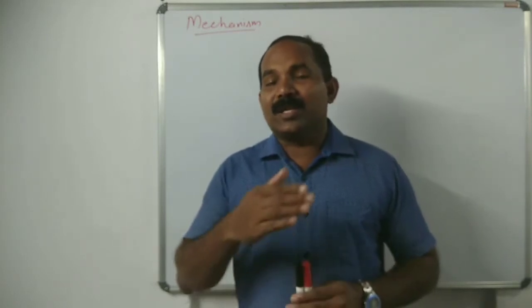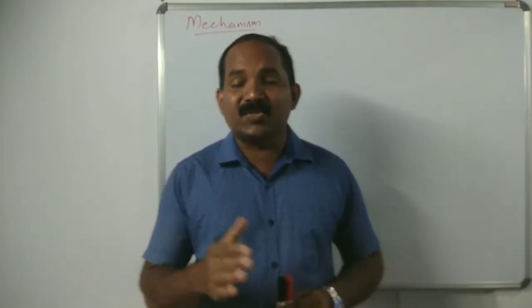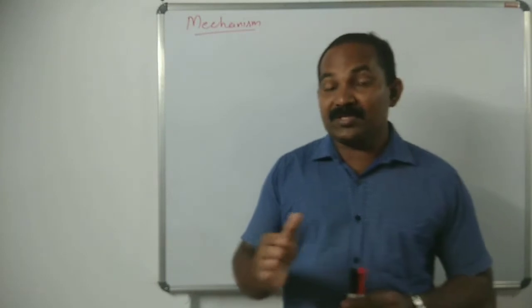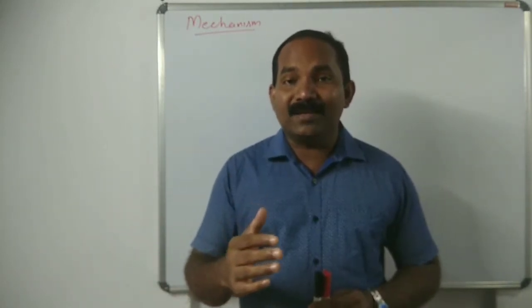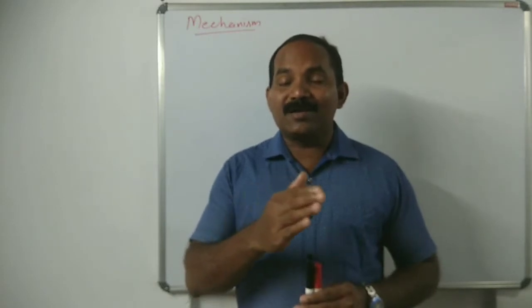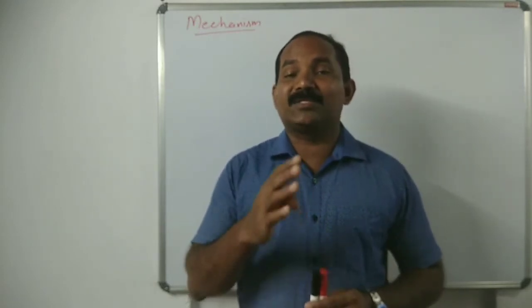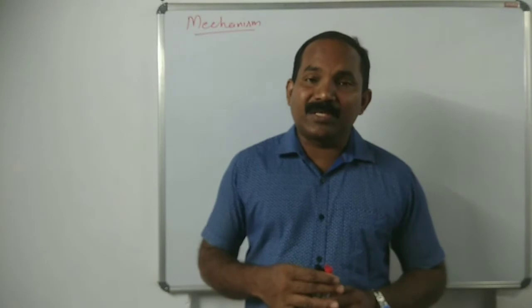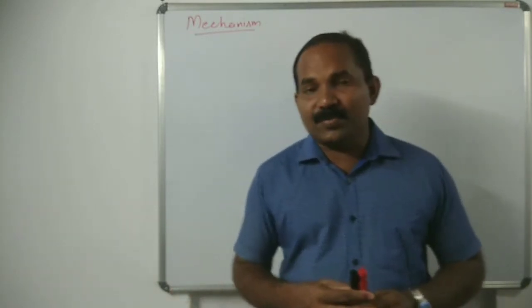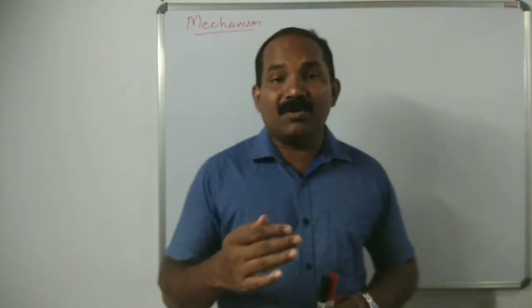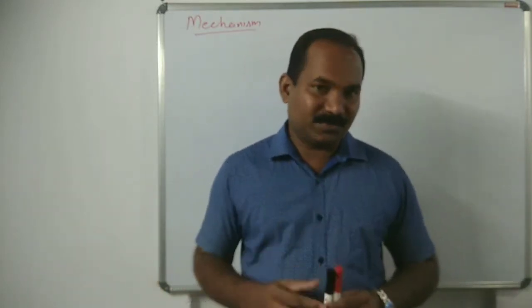Okay, so the electrophilic substitution usually takes place in 3 steps. First step is generation of electrophile. Second step is formation of carbocation.